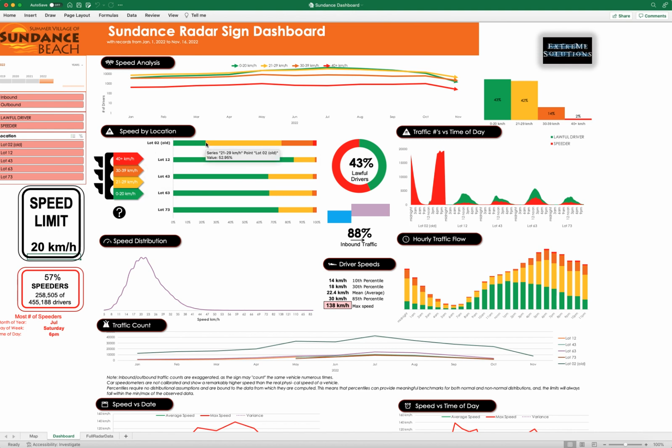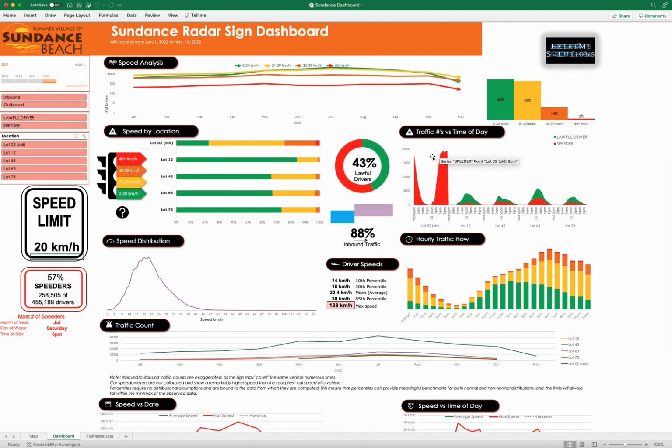It's way different. And when we look at our traffic, you can see all of our traffic signs follow that same hump with the green, thankfully being larger than our speeders, except for lot 2 has a much bigger red line. So what we can do is we can just filter out lot 2 and see what's going on here.